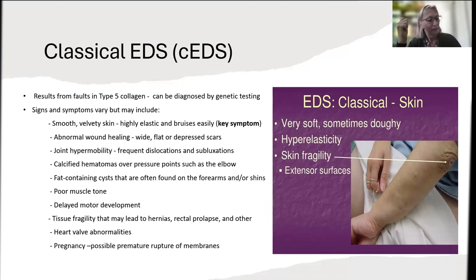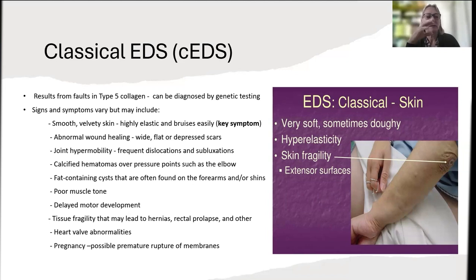There's a lot of abnormal scarring. You can have what we call hemosiderin deposits on your shins and elbows, so that they look like bruises, but it's actually skin staining, and the wound healing is not good, and the scarring is very poor as well.